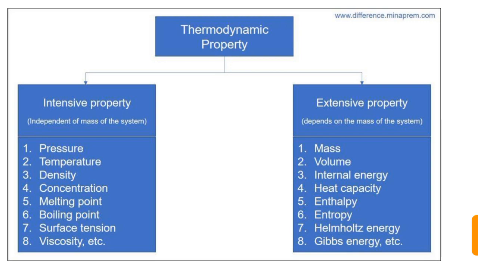In intensive properties: pressure, temperature, density, concentration, melting point, boiling point, surface tension, and viscosity. And in extensive properties: mass, volume. If we divide the system into parts, then we get different volumes and masses. So these extensive properties depend on the mass of the system.